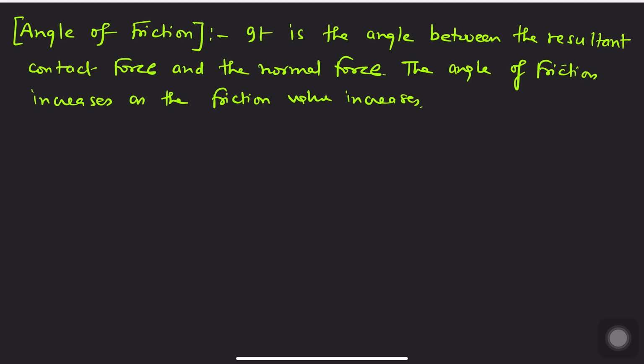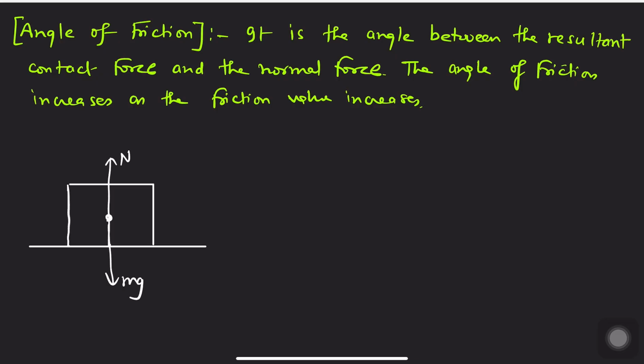Suppose this is some ground surface, and we have a block here. If I am not applying any force in the horizontal direction, then mg and the normal force will be acting like this, and there would be no friction force because the applied force F is equal to 0. When F is 0, the friction will also be 0.